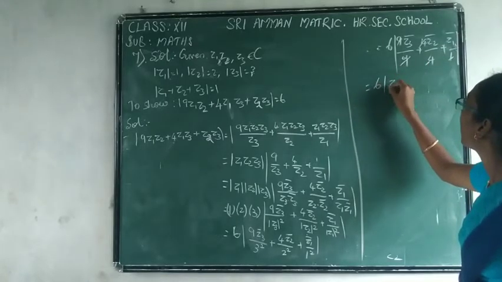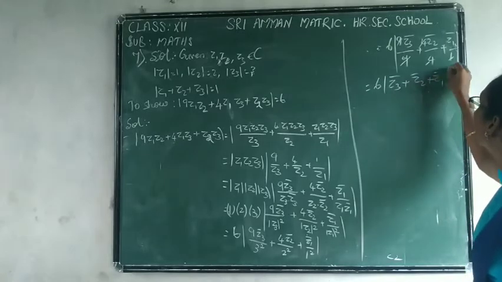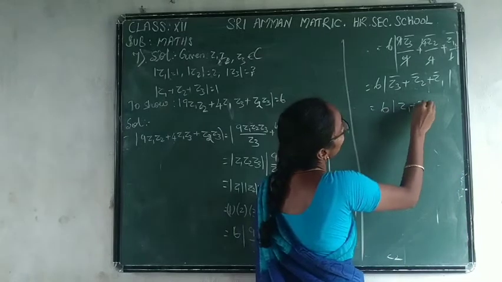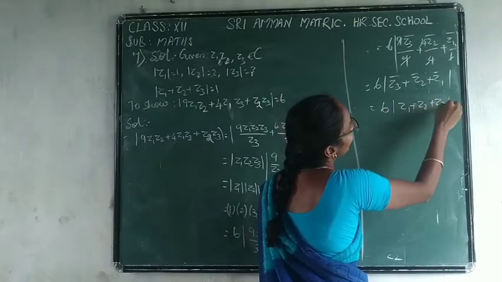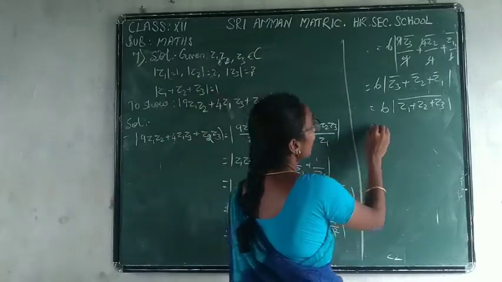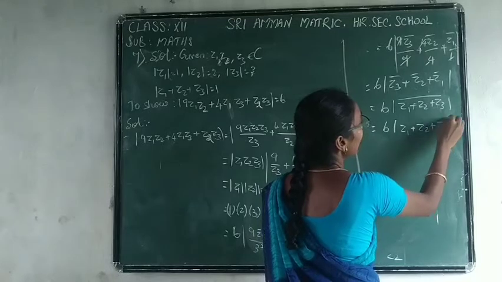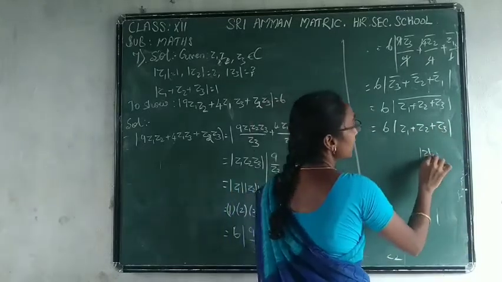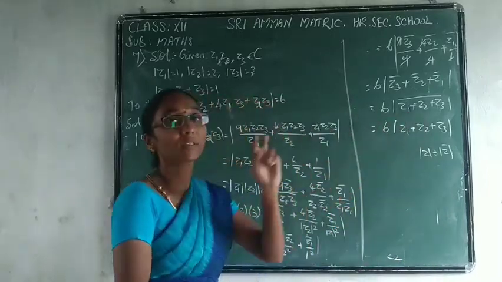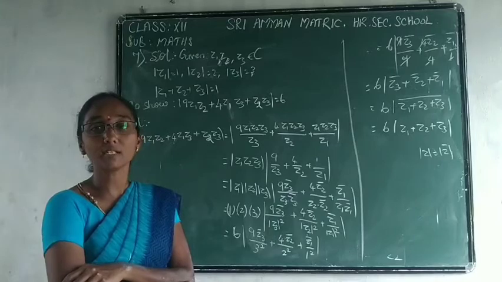6 into modulus of z3 bar plus z2 bar plus z1 bar. So 6 into modulus of z1 plus z2 plus z3, the whole bar. Because modulus of z equals modulus of z bar, modulus of z1 plus z2 plus z3 the whole bar equals modulus of z1 plus z2 plus z3.